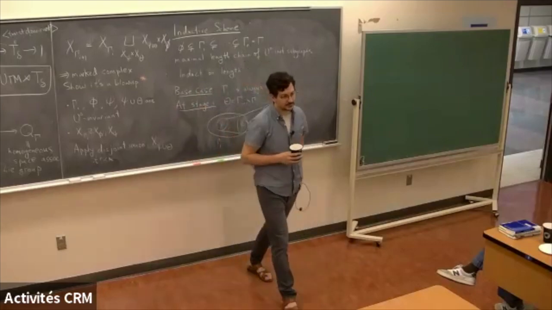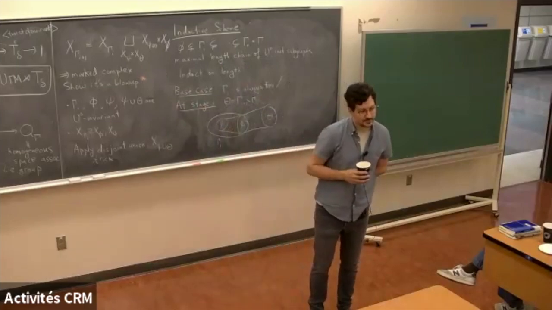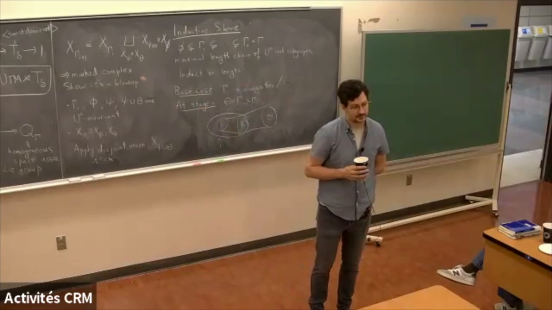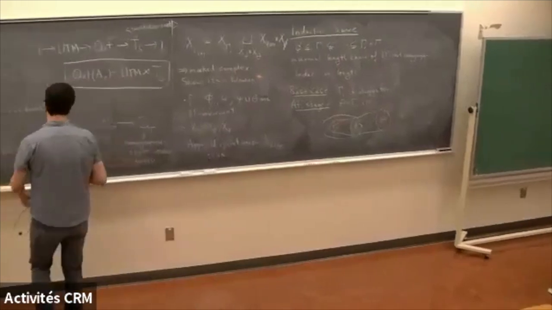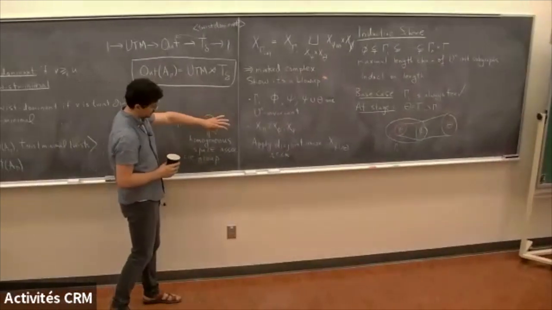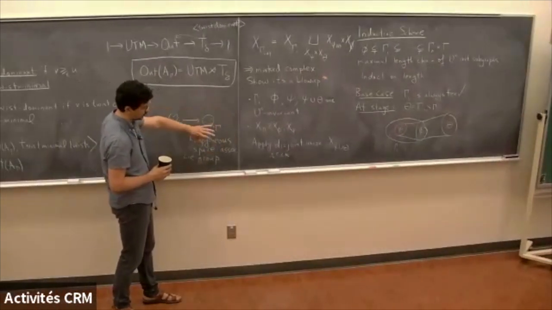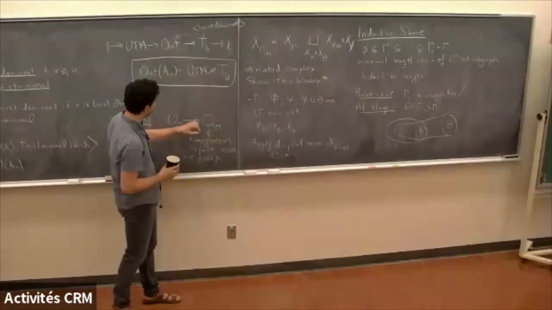Yeah. Are there lots of finite subgroups that are not already inside U of A gamma? Are they easy to construct? Well, yeah, certainly if you have some torus, so what is this map going to be doing?